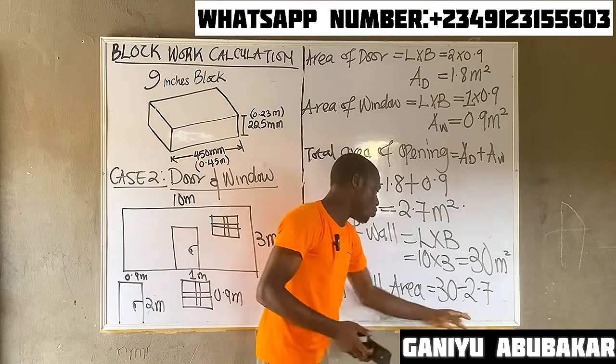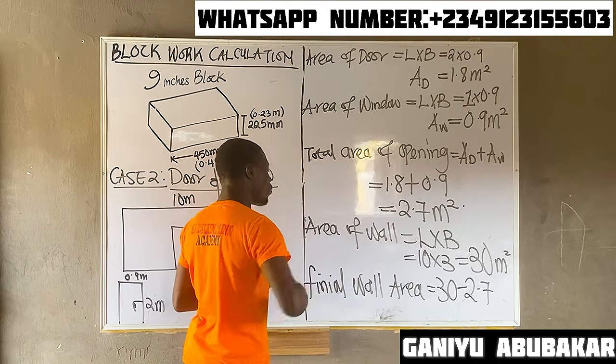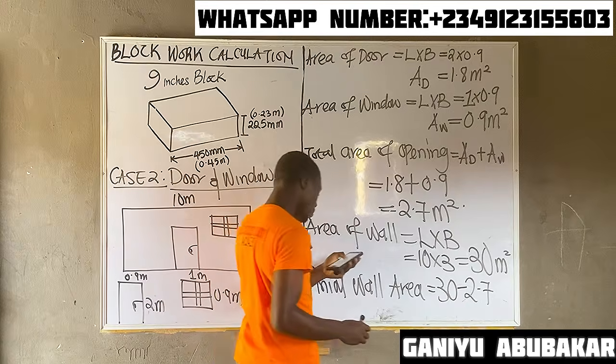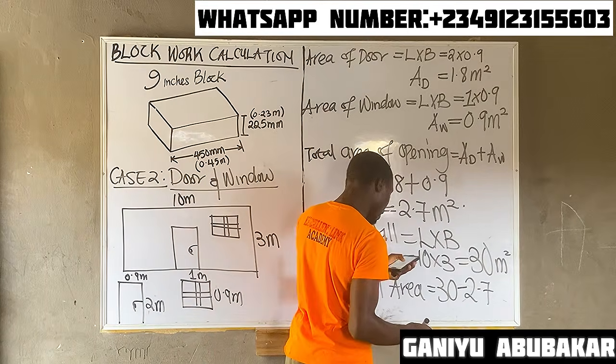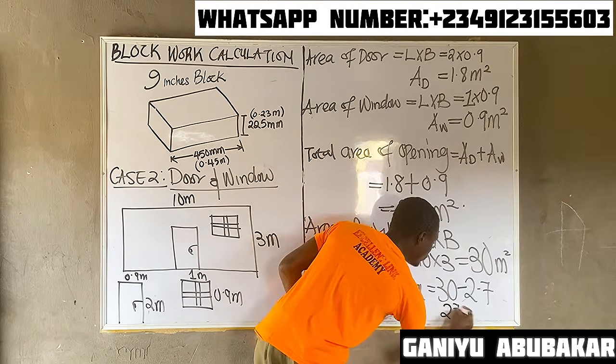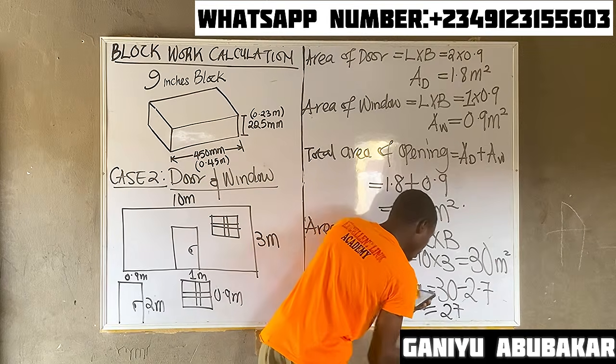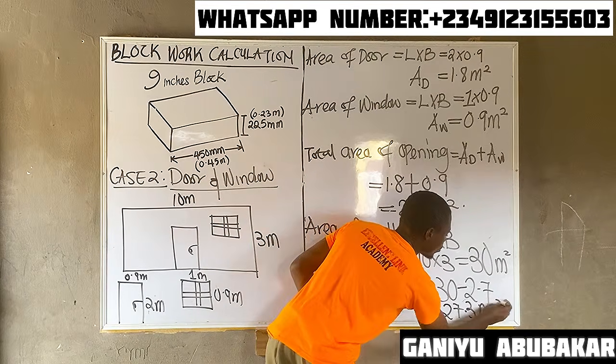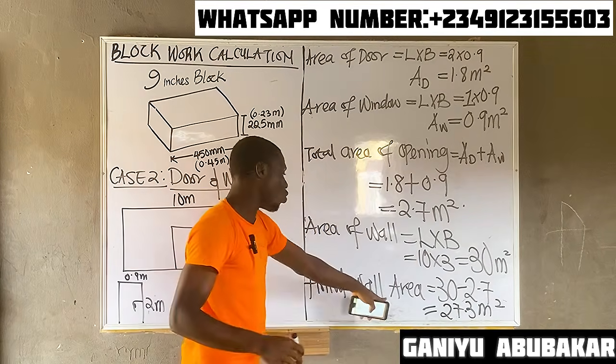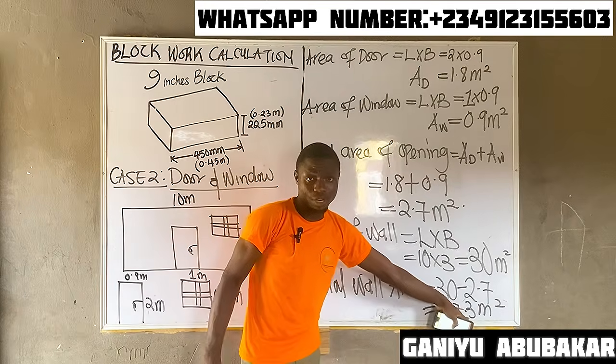So that's what I'm doing here. Subtract this from this, that gives you 27.3 meter square. So my area of wall now is 27.3 meter square.